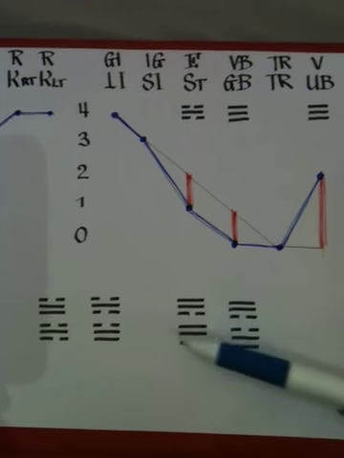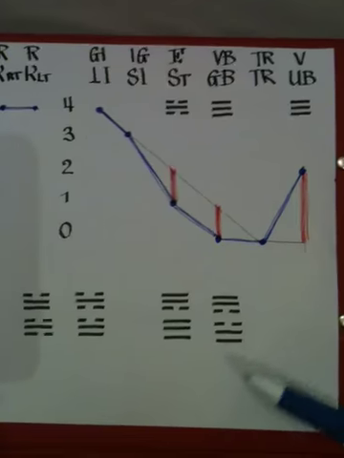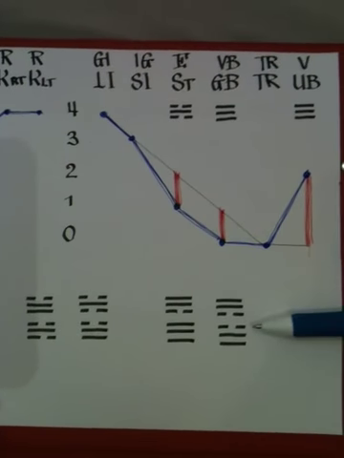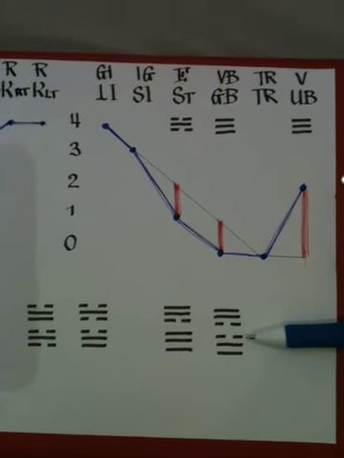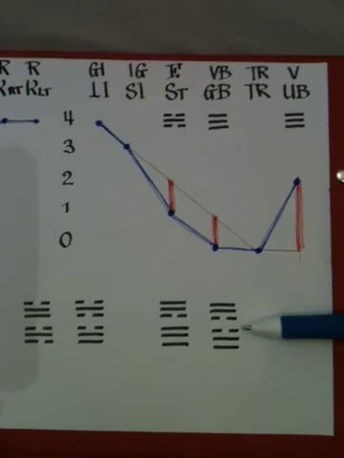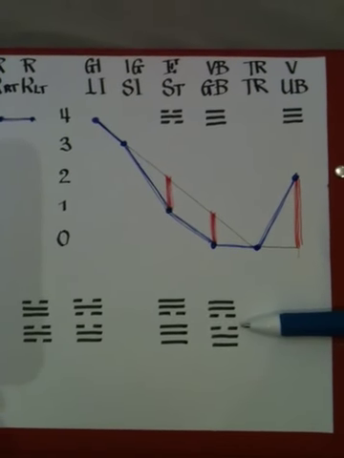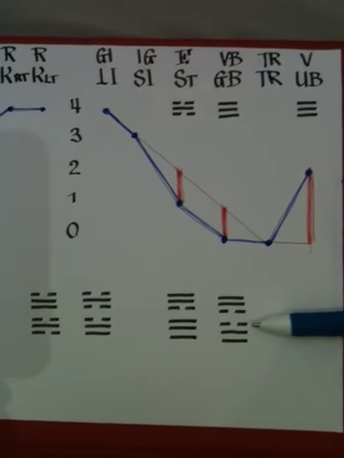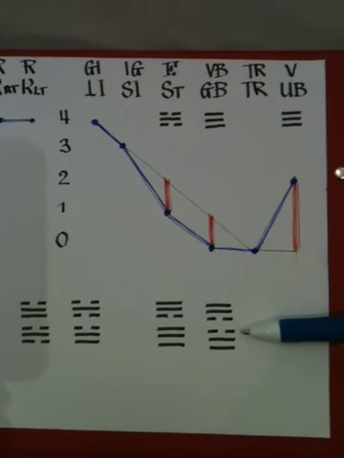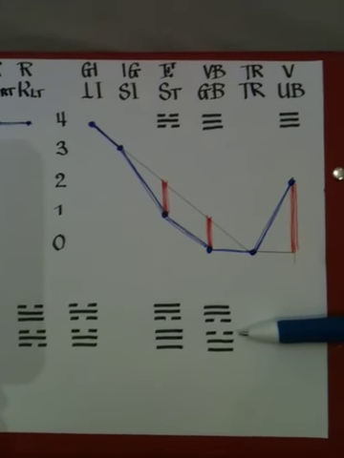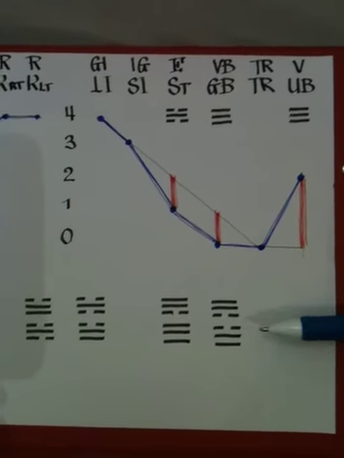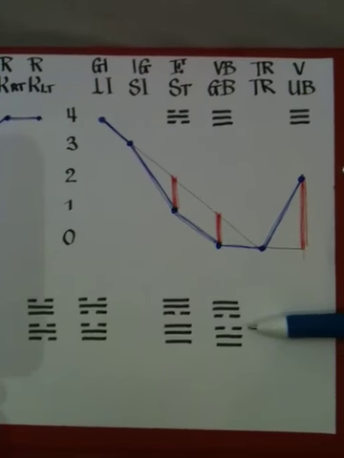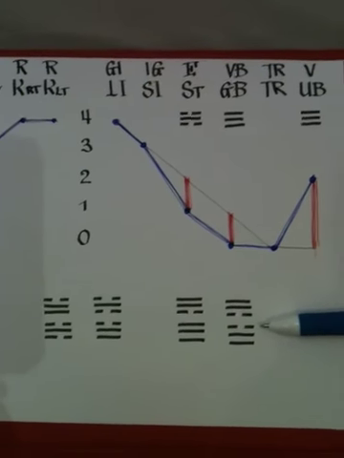To make it work in autumn, we need to change just one line, the third line, the top line of the gallbladder meridian. So we will use point number 41 in the gallbladder meridian, the wood point of the gallbladder meridian.